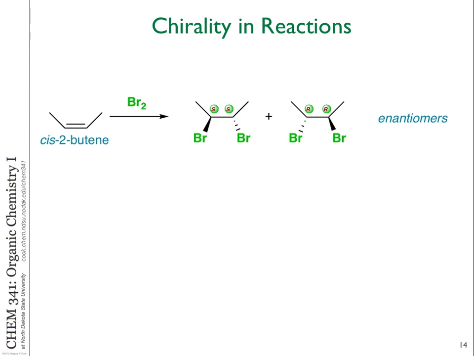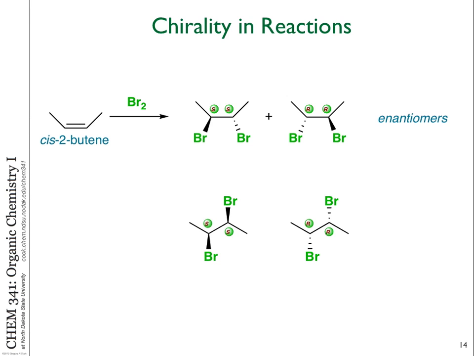Let me just talk about this. It's the same case if that double bond is not in a ring. Now, we don't see any difference in cis and trans here, because once you break the double bond, you have free rotation around that bond. So you could draw this in two different ways.